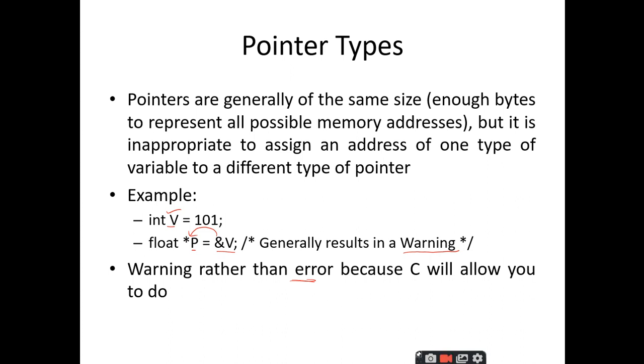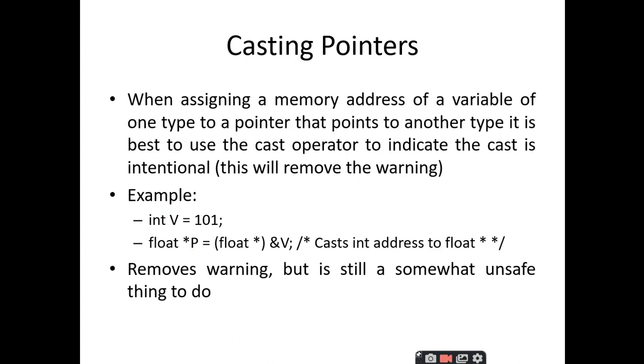Yes, sir. Right. In such cases, what you can do is make use of casting. So you can observe here that we have an integer variable V and we have a floating pointer P. I am storing the address of V, which is the address of an integer variable, but this time I am using an explicit typecasting. You know the concept of typecasting, right?